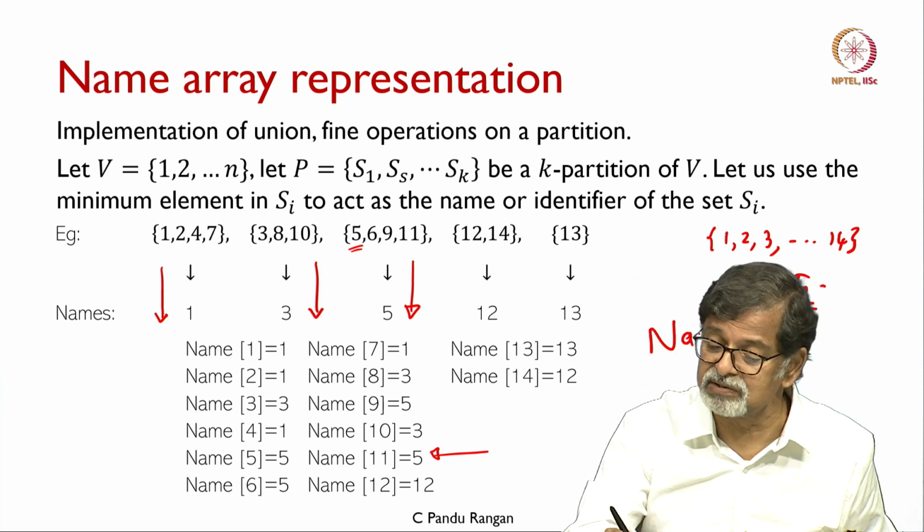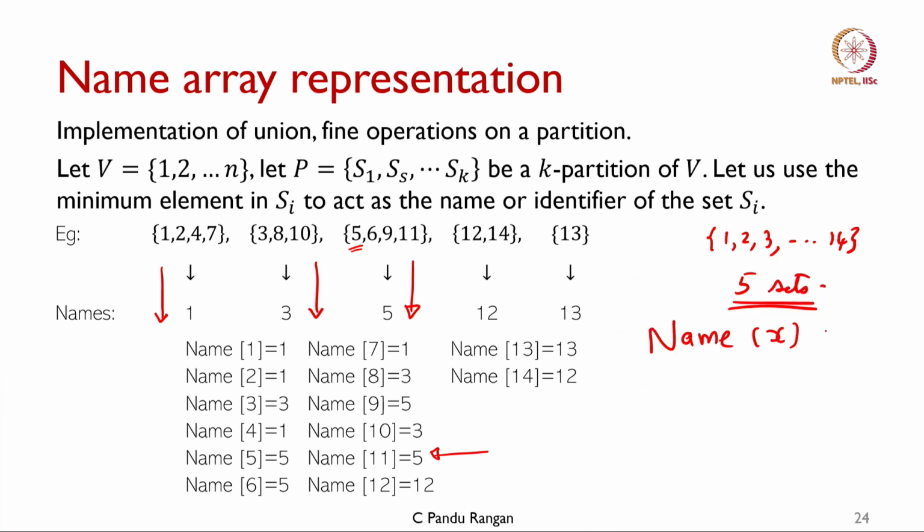Name of x is the name of the set containing x. We know how to name a set, so go to the set and find the name of that set.